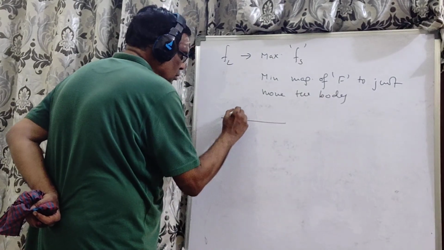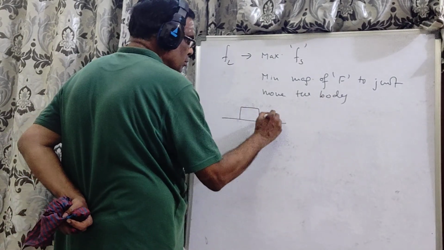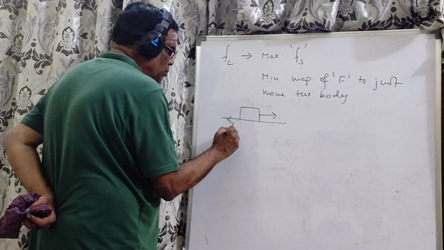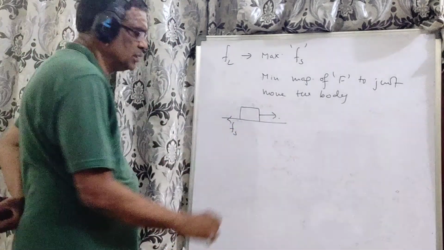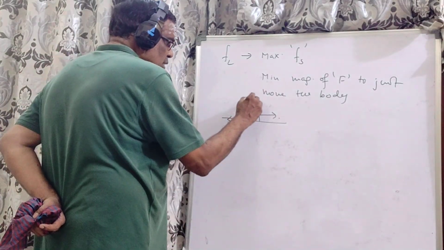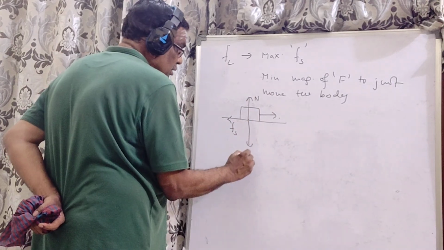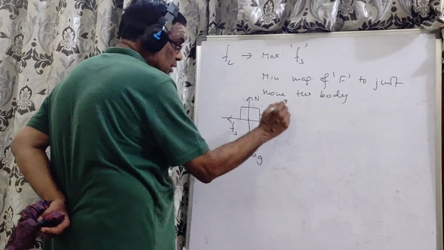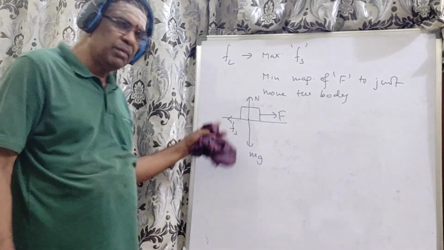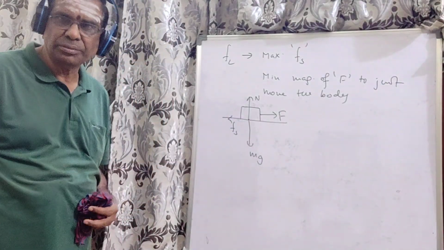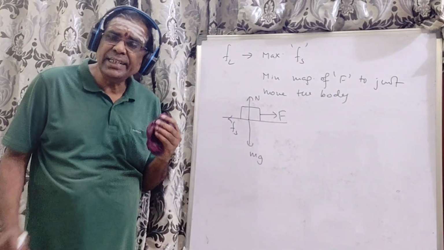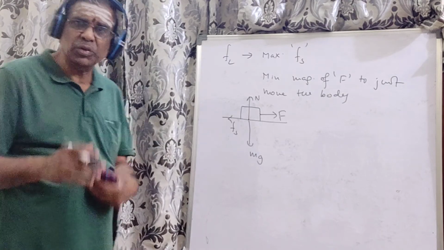Now, suppose I am saying Fs. This is N, this is mg, this is M. The fact that I am keeping Fs here indicates that the body is not moving.